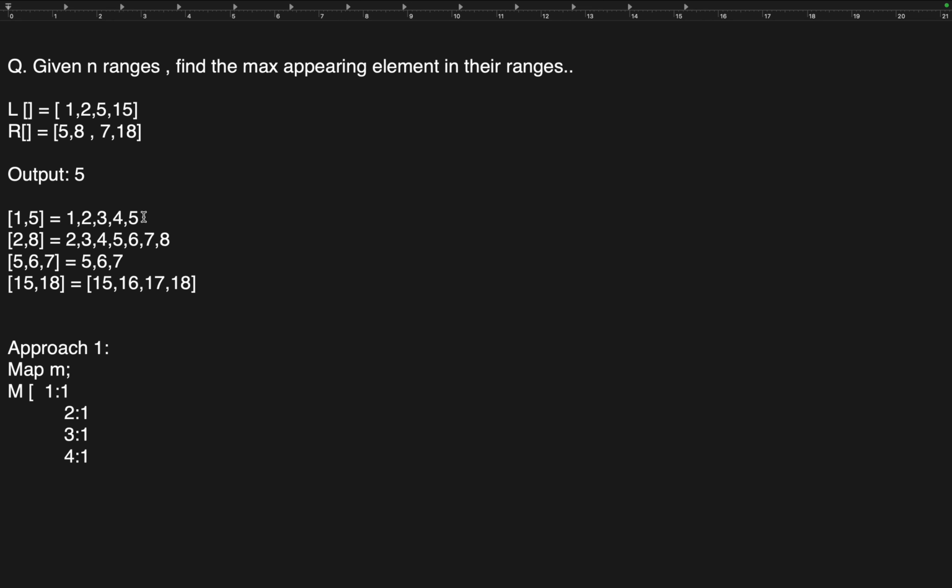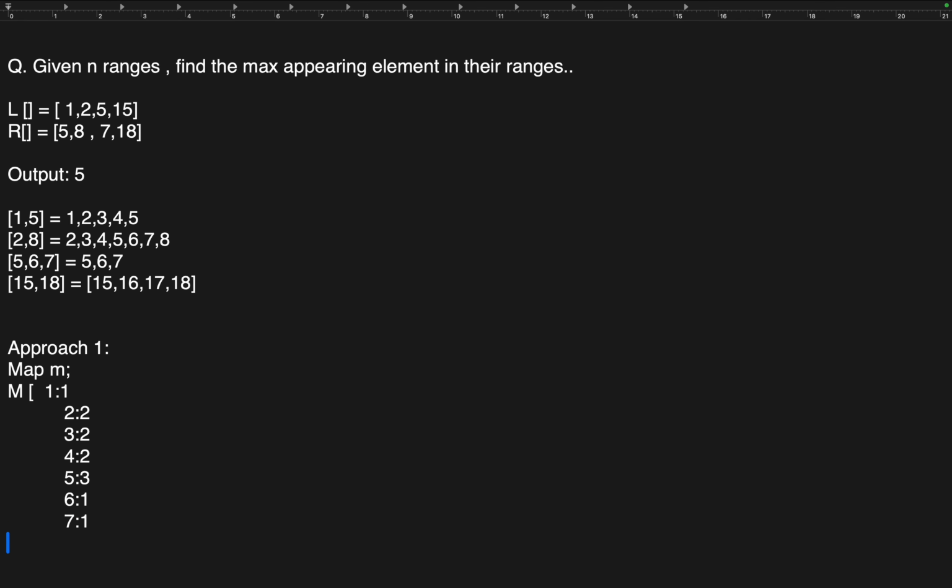Whenever an element is repeated, I will update its frequency. So for the first range we have frequency 1 for each. For the next range, I will update the frequency of 2 with 2, 3 with 2, 4 with 2, 5 with 2. In the next range I will update 5 with 3, 6 with 1, and 7 with 1.